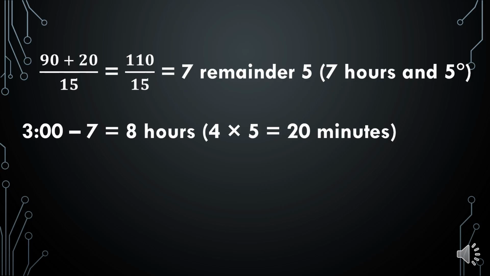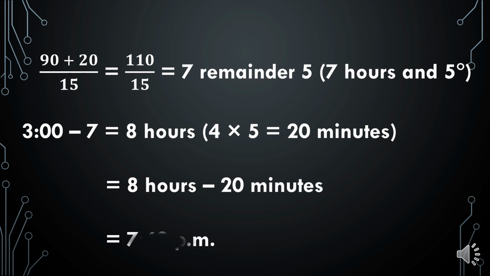Then you're going to multiply your 5 degrees by 4 to convert it into minutes, which will give us 20 minutes. Since we are subtracting, we need to further subtract the 20 minutes from the 8 hours to find out the precise time, and therefore the time is 7:40 p.m.